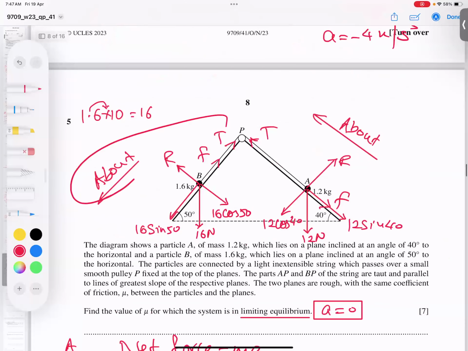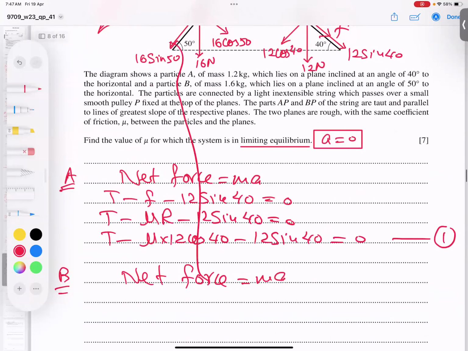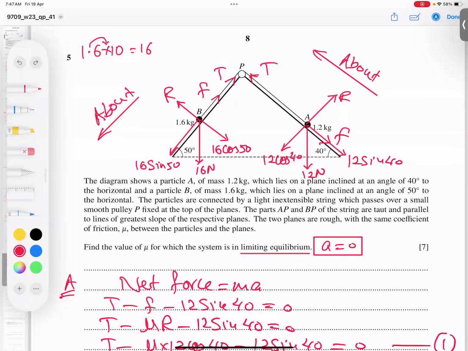Because the system is about to move downwards, this is the bigger force and this is smaller. So this minus this equals to ma. So I'm writing here net force is equal to ma. Now weight component is 16 sine 50 minus two forces acting upward, tension and friction.